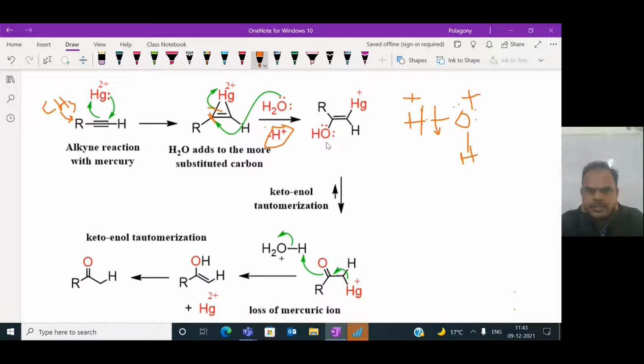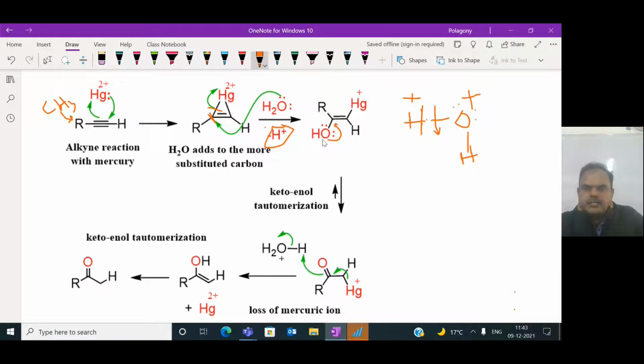Let us look at how this tautomerism takes place. Since mercury still carries the positive charge, there is a pi bond shift between mercury and carbon, and this carbon gets the positive charge. Then the lone pair of electrons moves between oxygen and carbon, and the positive charge shifts to the oxygen.